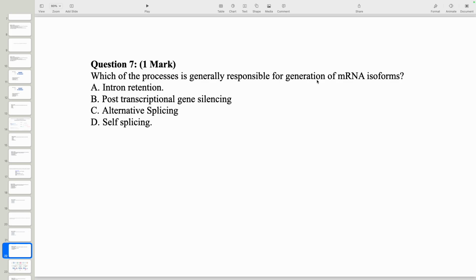In a gene we have exons and introns. So how are we getting mRNA isoforms from these gene combinations? Please answer this question.